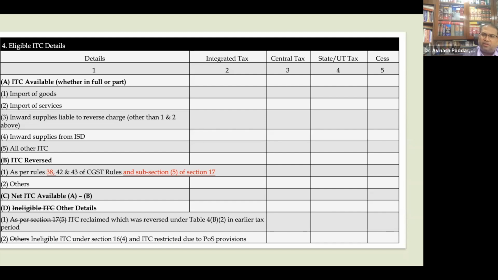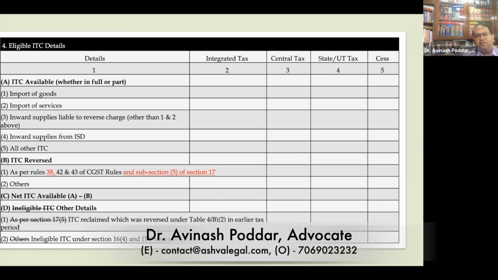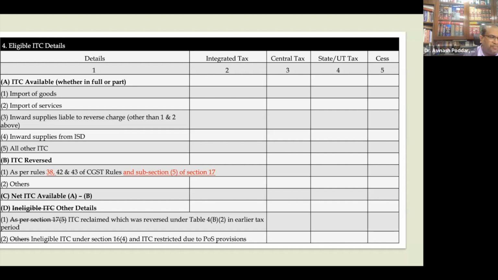कि हमने अगस्त 2020 से GSTR 2B को प्लेस में लेके आए और दिसंबर 20 से 3B ऑटोमेटिकली जनरेट हो रहा है. So the figures are being populated automatically. सो जो 4A का जो कॉलम है जिसमें 5 सब क्लॉजेस आप देख रहे हो, इंपोर्ट ऑफ गुड्स, इंपोर्ट ऑफ सर्विसेज, इनवर्ट सप्लाईज लायबल टू रिवर्स चार्ज, इनवर्ट सप्लाईज फ्रॉम ISD एंड ऑल अदर ITC.